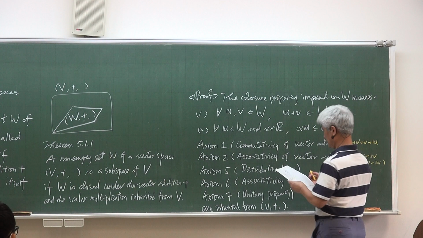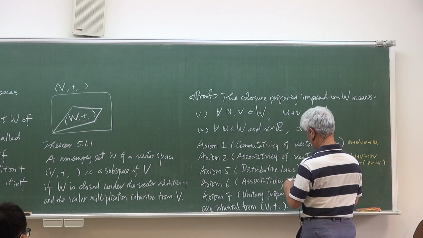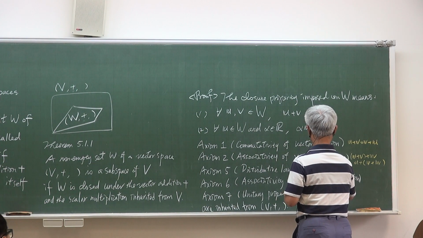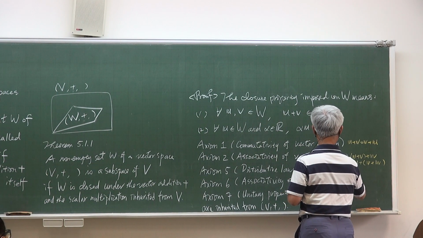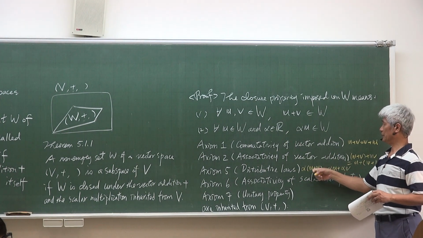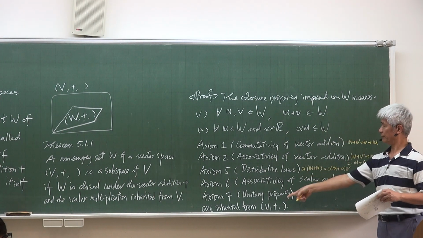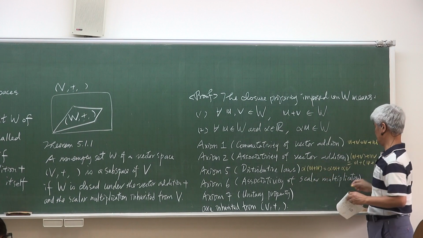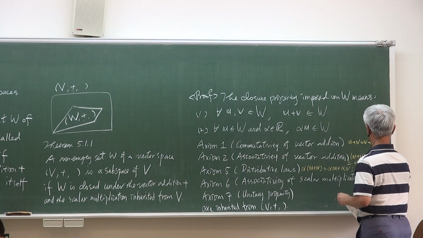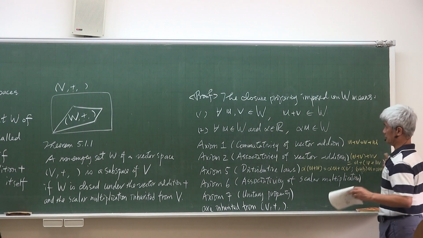How about distributive laws? The distributive law says that alpha times U plus V equals alpha U plus alpha V. Of course it's true, because U, V in W are also in V. And alpha plus beta times U equals alpha U plus beta U. Also true.